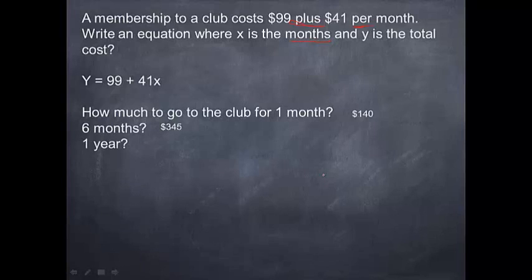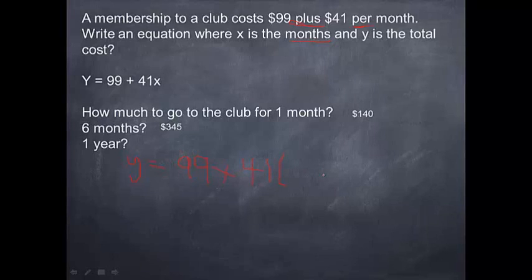How about for a year? Go ahead and pause the video and work this one out. Alright, so for this one we have y equals 99 plus 41, and how many months do we put in here?